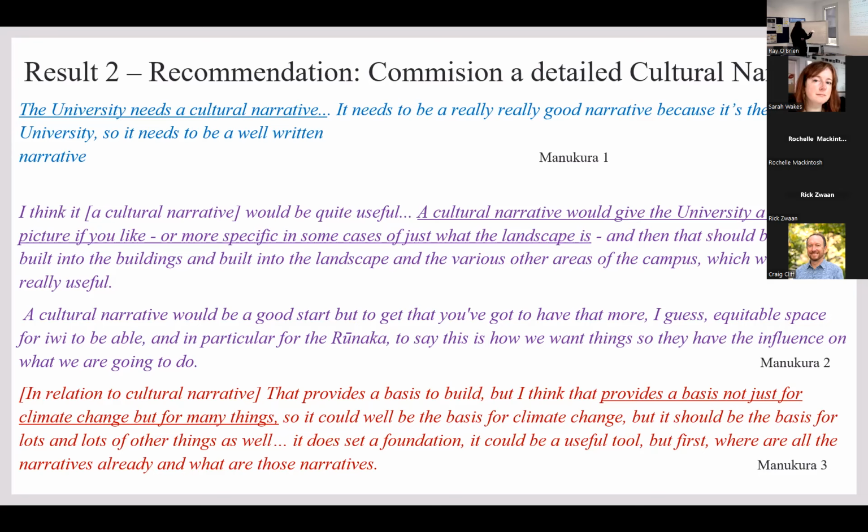So commissioning a cultural narrative is important as it tells the histories and the stories which shape our idea of place. This narrative will need to be detailed and constructed under the guidance of local runaka, as well as mana whenua who have expertise surrounding the campus site.